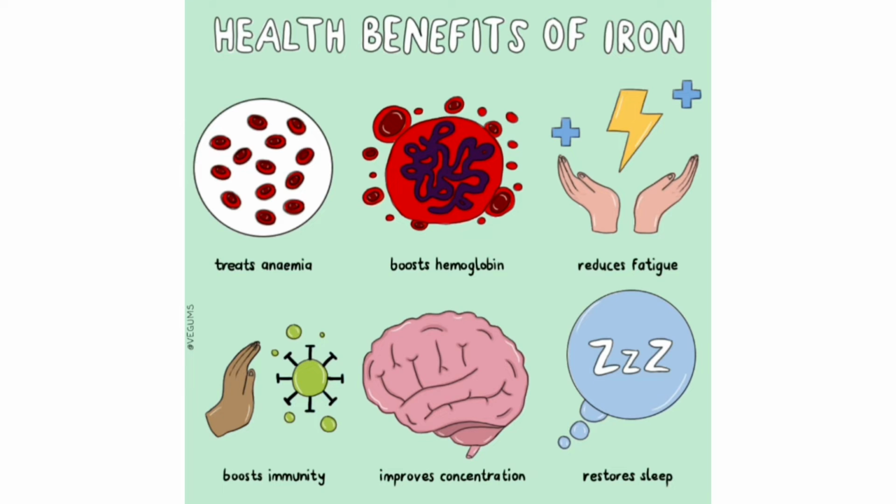Okay. The next is the enzymatic functions. Iron also performs various kinds of enzyme functions. More than 100 enzymes have iron as a constituent or need it as a cofactor for reactions. So it works as a cofactor in various kinds of reactions.